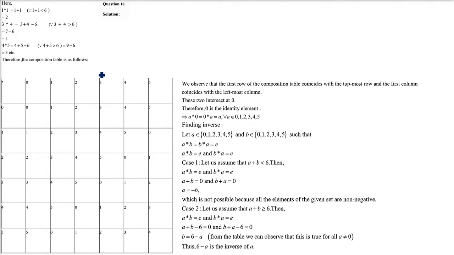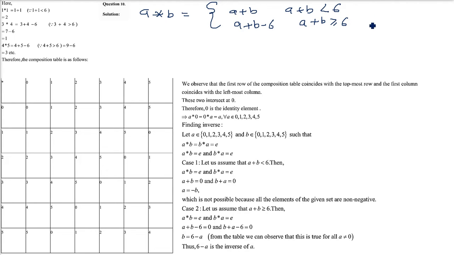This is question number 10. Define a binary operation star on the set {0, 1, 2, 3, 4, 5} as A star B equals A plus B if A plus B is less than 6, and A plus B minus 6 if A plus B is greater than or equal to 6.